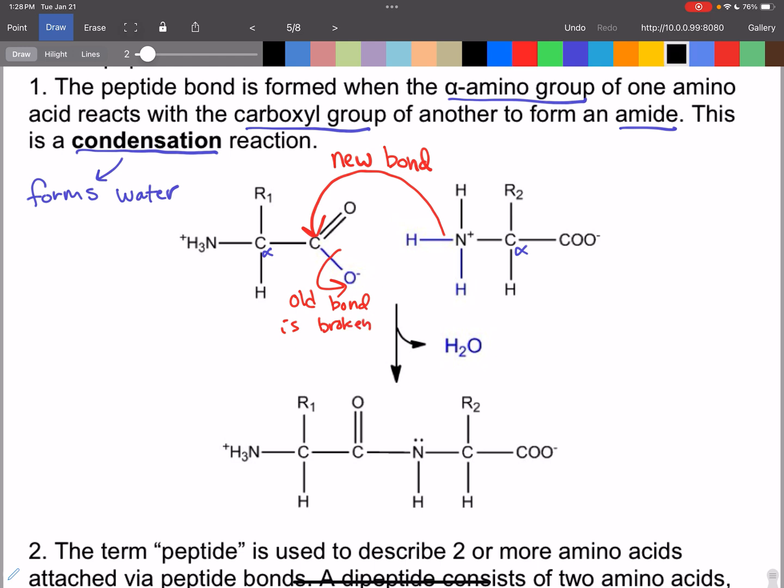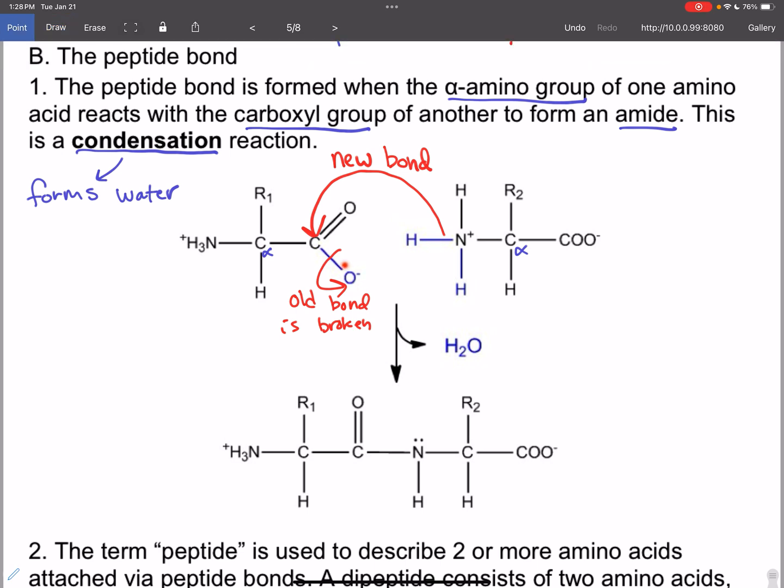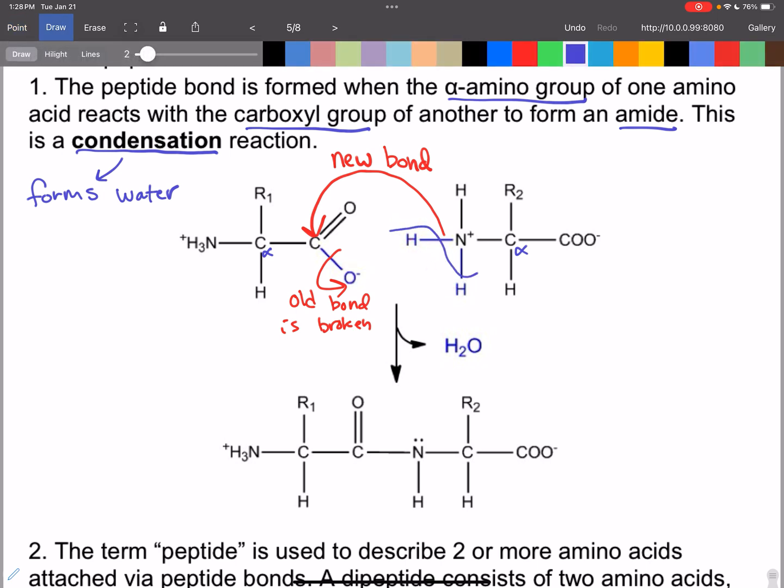And then the rest of the atoms here, just look at this carefully. I've got an oxygen that's going to go away, and I've got 2 hydrogens here that are going to go away. I'm going to circle those, and those 3 atoms are going to end up in the form of that water down here. That is why it's a condensation reaction.